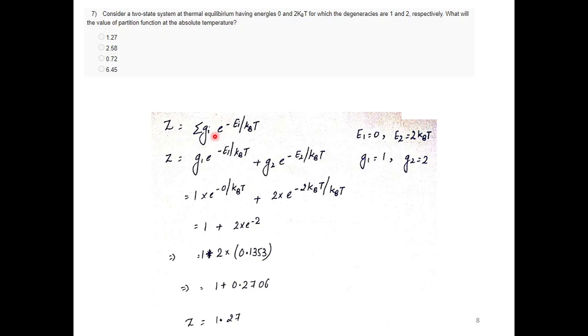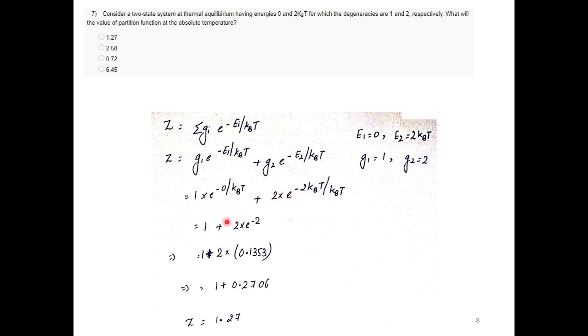So if degeneracy comes into play, this is the summation of g into e to the power minus epsilon i by kBT, right? So g1 into e to the power minus epsilon 1 by kBT plus g2 into e to the power minus epsilon 2 by kBT. So overall it is written as 1 into e to the power minus 0 by kBT plus 2 into e to the power minus 2 kBT by kBT.